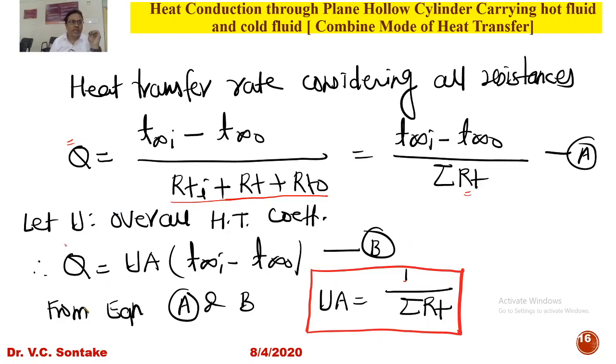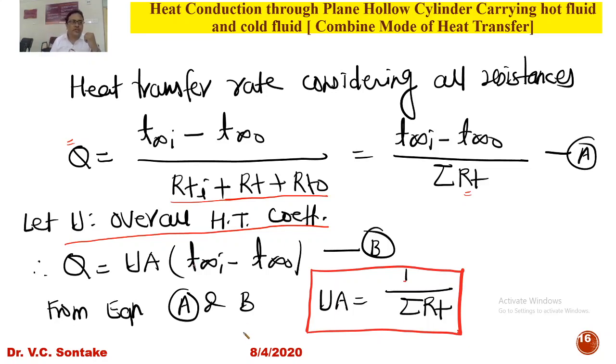Now let us define the overall heat transfer coefficient for this arrangement. We know the overall heat transfer coefficient comes into the picture when there is a combined mode of heat transfer, that is, heat transfer takes place by conduction and convection both in the system.